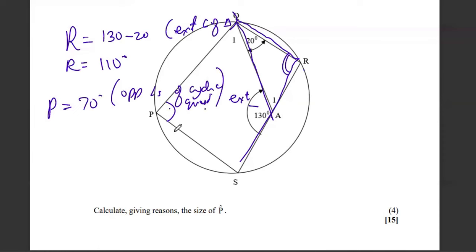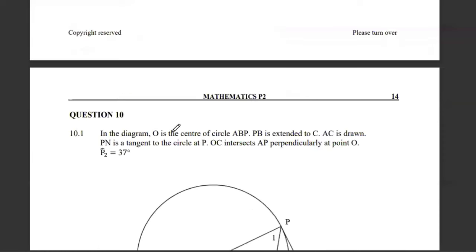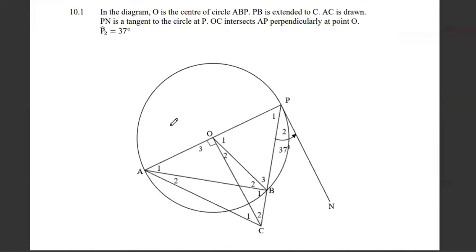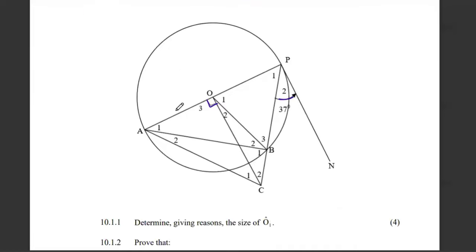And then question number 10. The diagram, O is the center. We have those lines extended. We have the perpendicular. Okay. And then P2 is 37, it's a tangent. Okay. What is the size of O1? So if this is a diameter, we know that the whole of this is going to be 90. Okay.